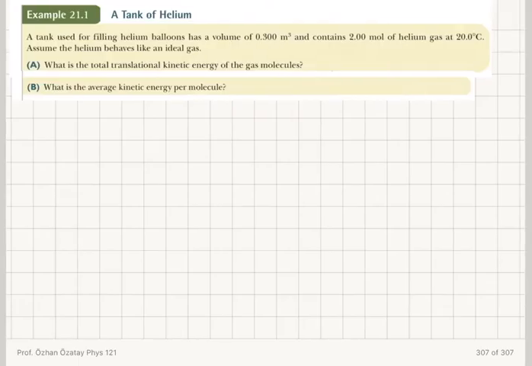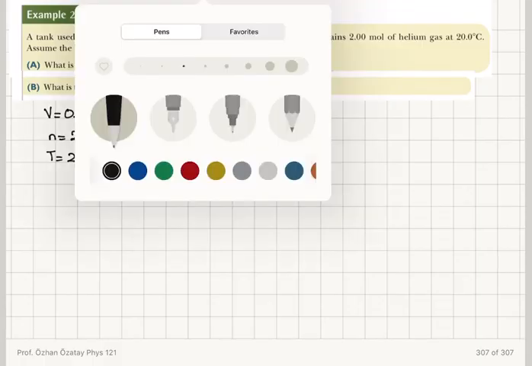Let's take a look at an example to conclude this discussion. A tank used for filling helium balloons has a volume of 0.3 meter cubed and contains 2 moles of helium gas. The temperature is 20 degrees Celsius, which is 293 Kelvin, and assume the helium behaves like an ideal gas.